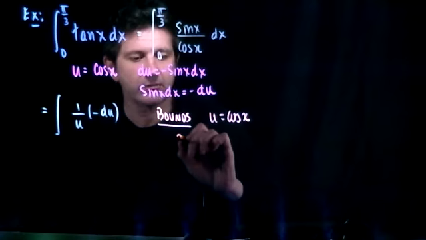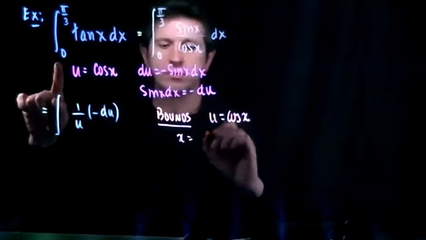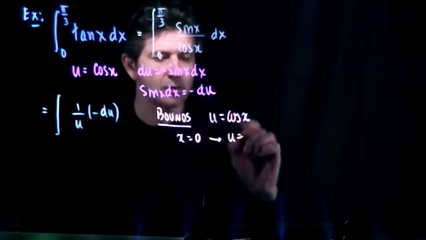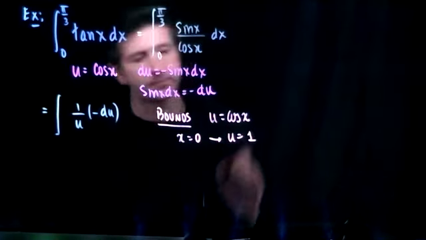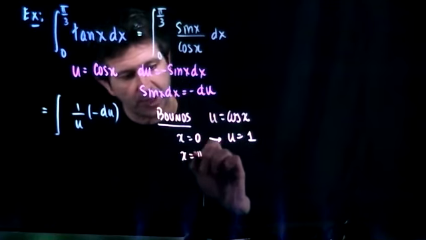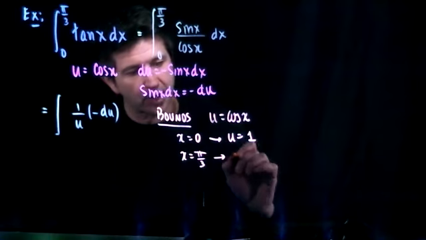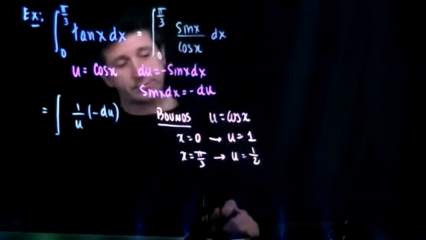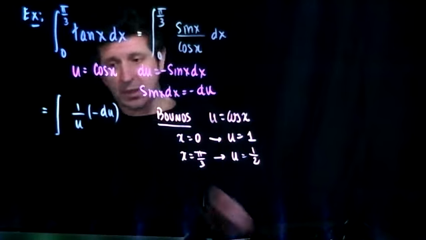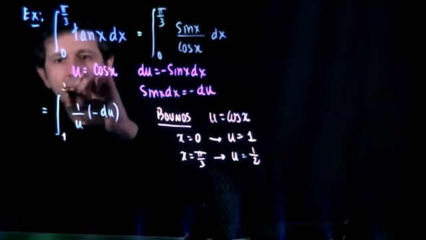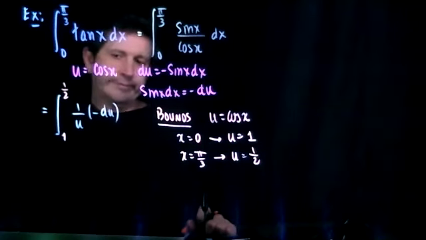So if my lower bound for x is 0, then u is the cosine of 0, which is 1. And if x is pi over 3, then u is the cosine of pi over 3, which is 1 half. So from 1 until 1 half.